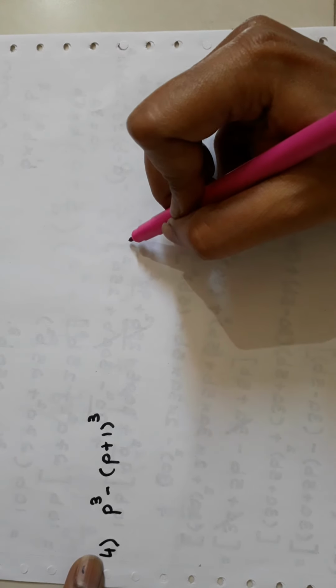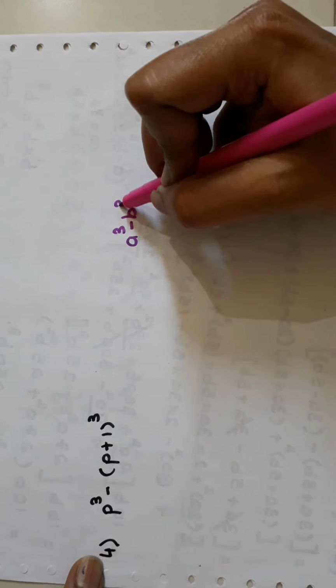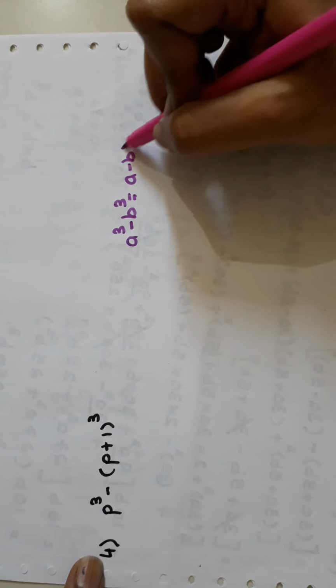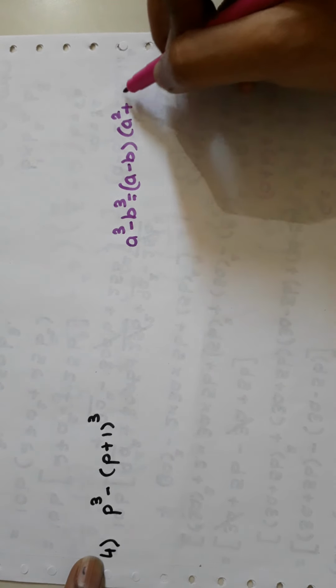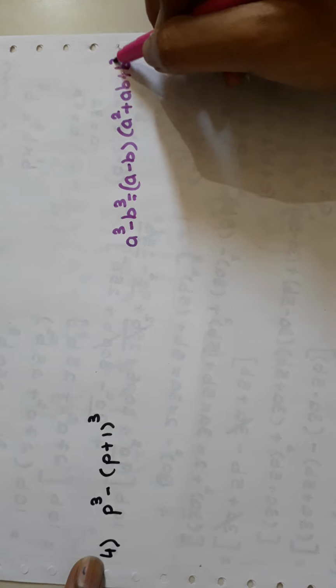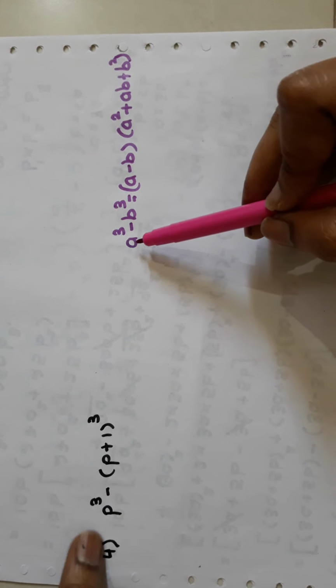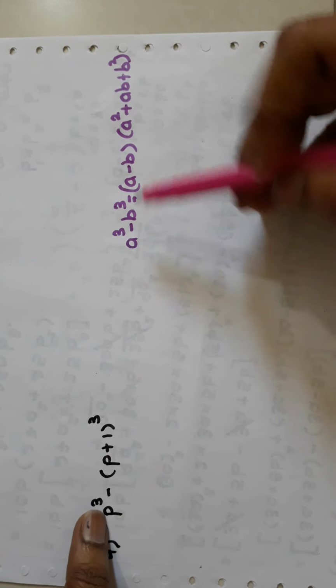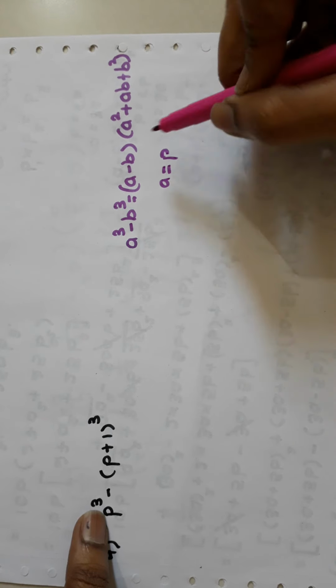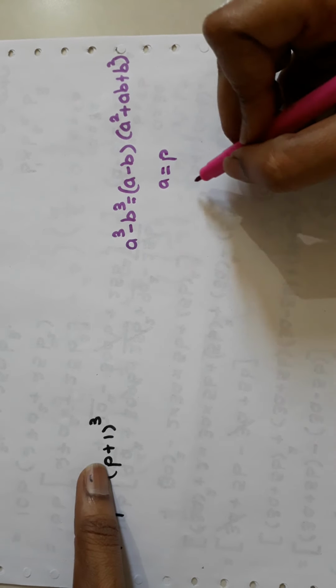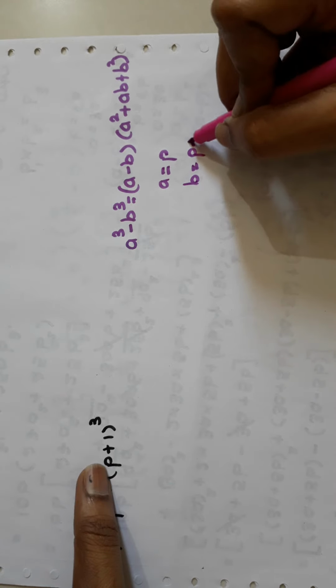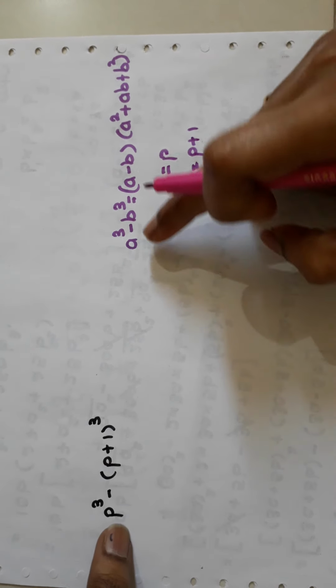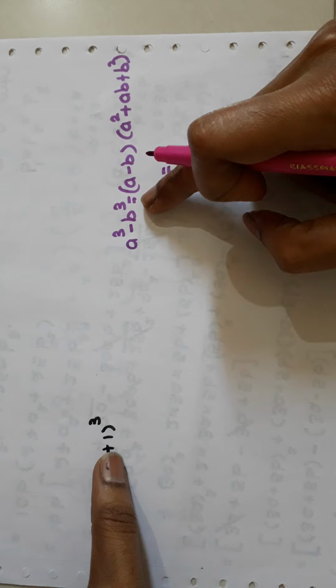Fourth one: p cube minus (p plus 1) the whole cube. Now again we are back to the same formula, a cube minus b cube equals (a minus b)(a square plus ab plus b square). Now when you compare, here a is p and b is p plus 1.